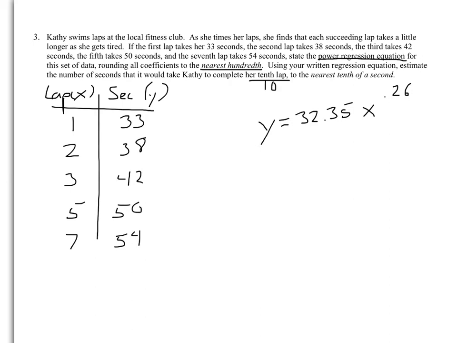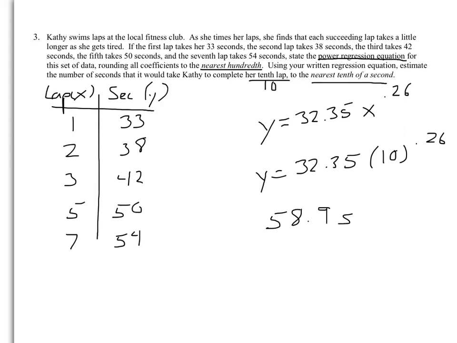We need to make sure that we're writing our table, our regression equation, and now I want to actually answer the question. 32.35 times 10 raised to a power of 0.26. When I evaluate that on my calculator, I find to the nearest tenth of a second that it was 58.9 seconds. Take a moment and copy down these notes.